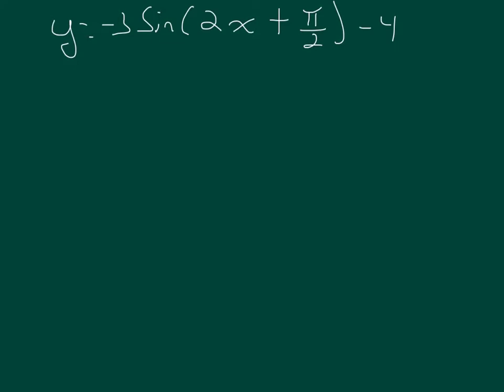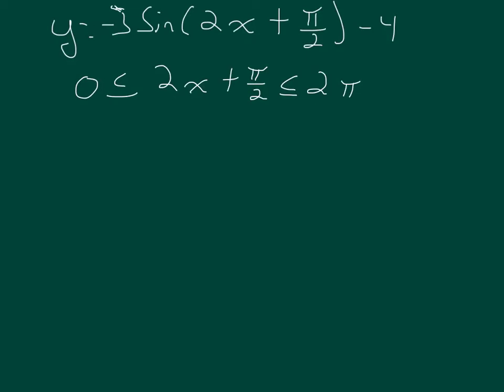Now what we should do is find our new domain. Now remember, the original domain without any transformations is from 0 to 2 pi. So what we need to do is take our new transformations, set it in between 0 and 2 pi, and then solve for x.